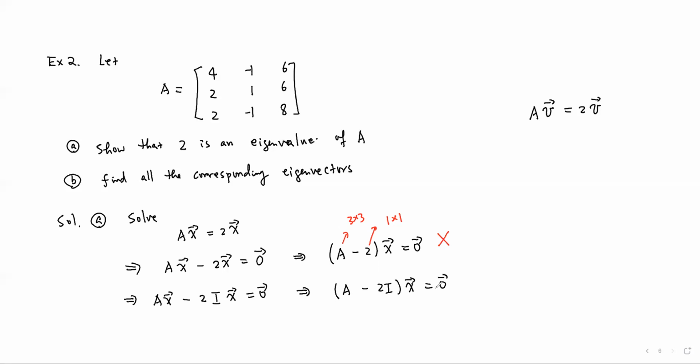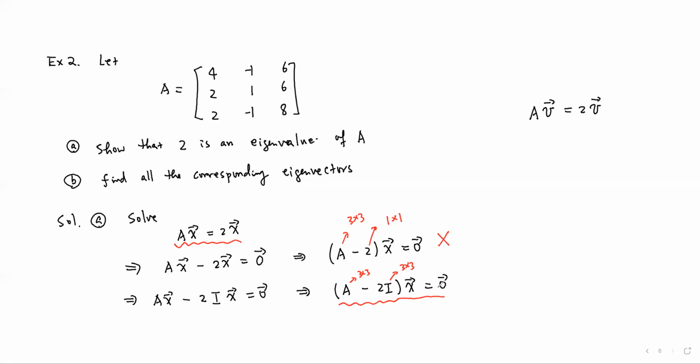This time, this is a 3x3 and the other is also 3x3, so the subtraction is computable. Now this equation is the same as the previous one.